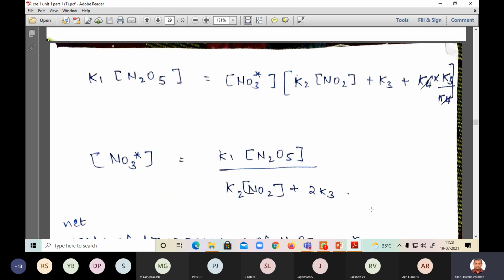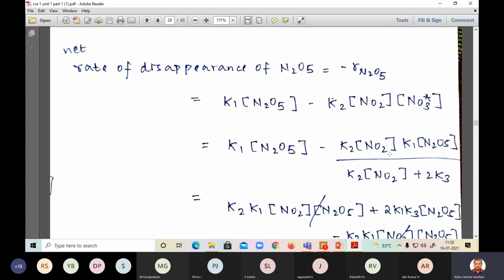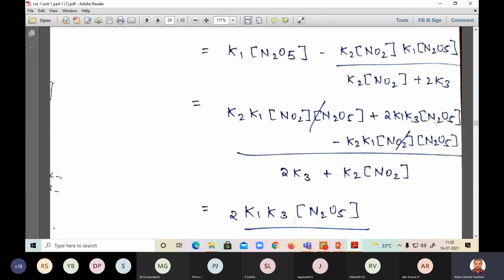This is in terms of measurables now. There is no NO star. Now NO3 you know, which is measurable. That you substitute back in this equation. Plug this in here, and then take some LCM and make some terms cancel out. The two terms will cancel out, and the rest of the term is 2K1 K3 divided by this.